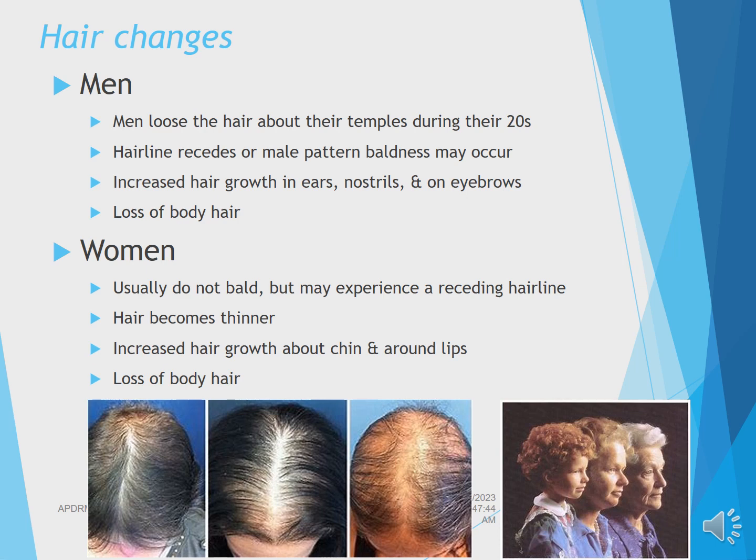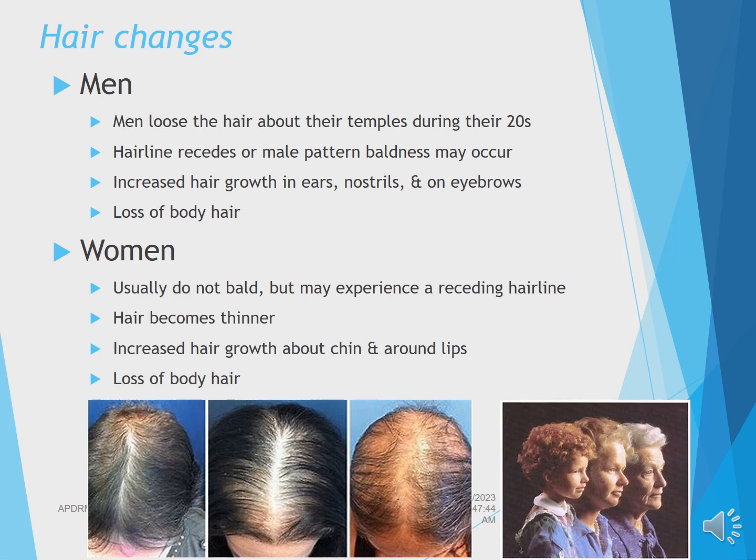In men, they lose their hair around the temples. The hairline recedes or male pattern baldness may occur. There is increased hair growth in the ears, nostrils, and on the eyebrows, and loss of body hair. In women, usually they don't develop baldness, but they still experience a receding hairline.